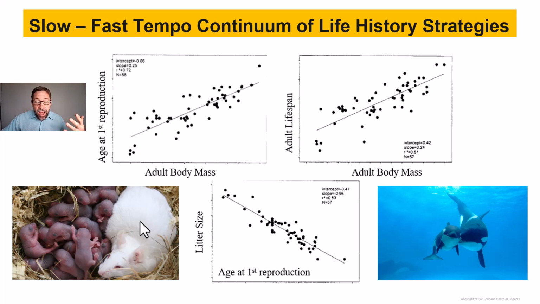A female rat is going to become reproductively mature at just 8 weeks old, and then they'll regularly have litter sizes of over a dozen pinkies. Okay, so again, when age at first reproduction is early, we're going to produce more young. So this is an r-selected, and then this is a K-selected. This is a fast tempo, and this is a slow tempo species on this continuum.